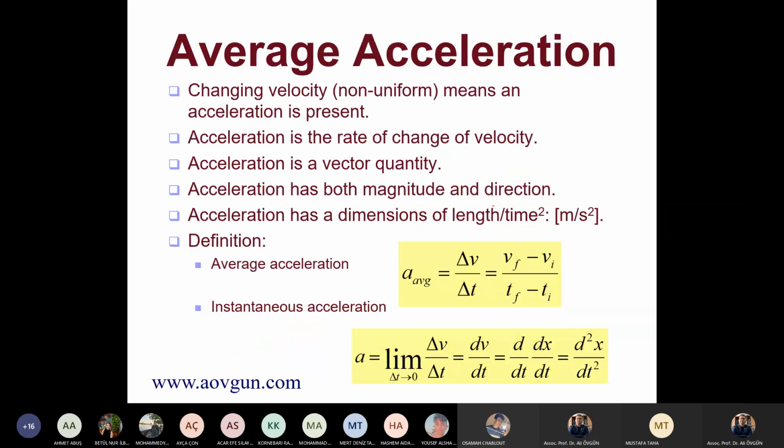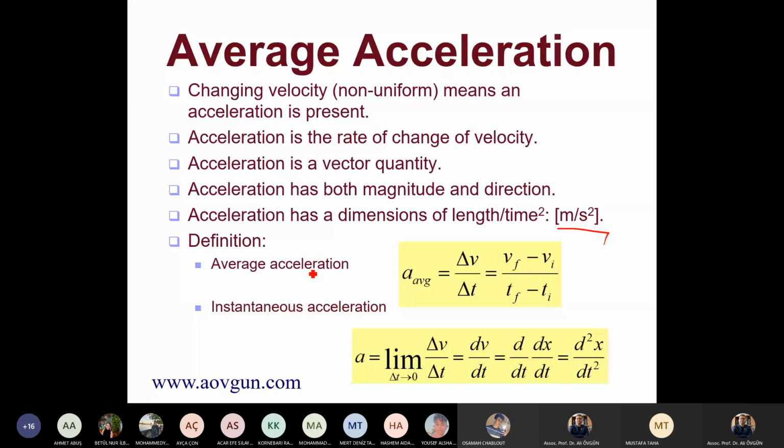Another important quantity is average acceleration. What is acceleration? Acceleration is the rate of change of velocity. So changing velocity means an acceleration is present. This is also a vector quantity, so it has both magnitude and direction. What is the unit? Meter per second square. What is the equation for the acceleration?